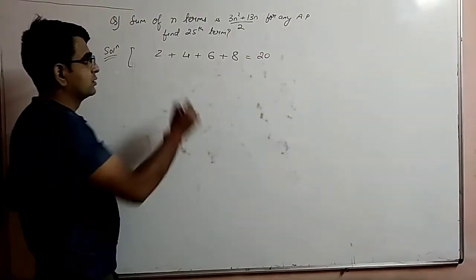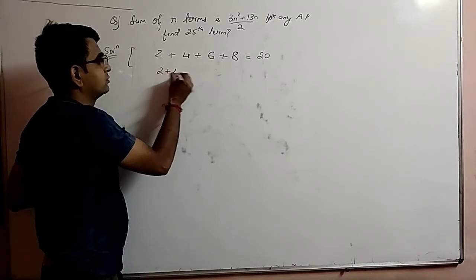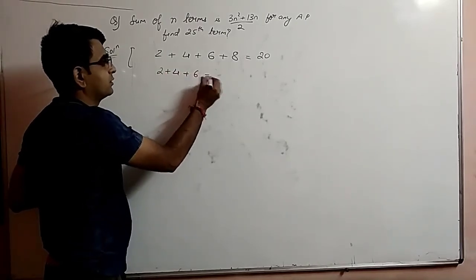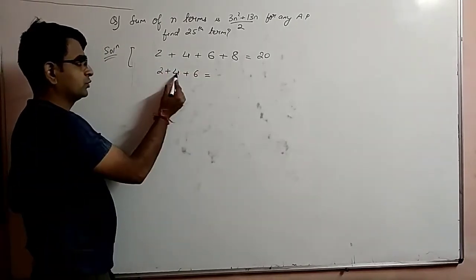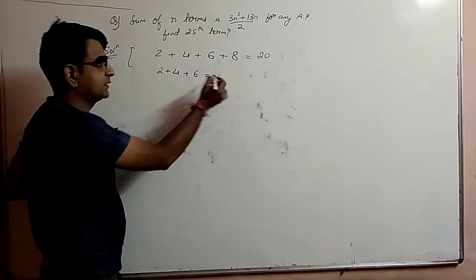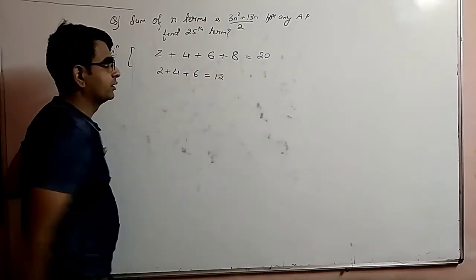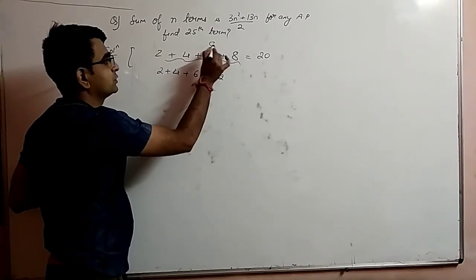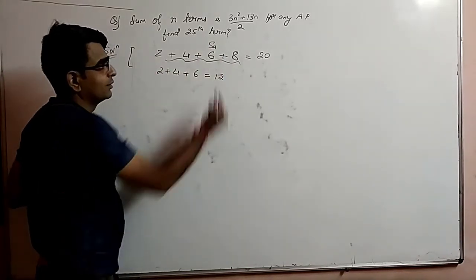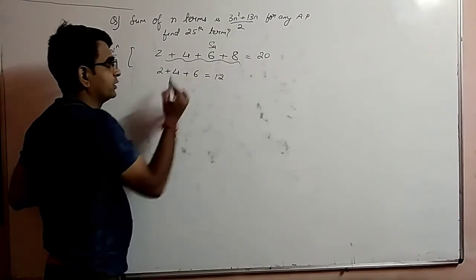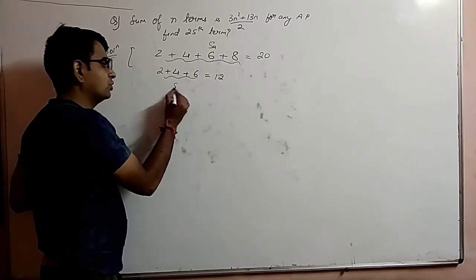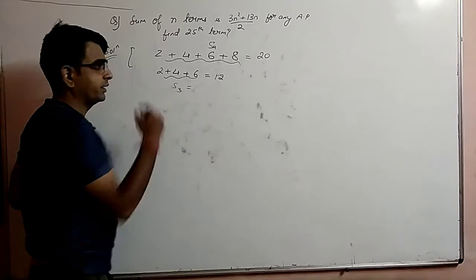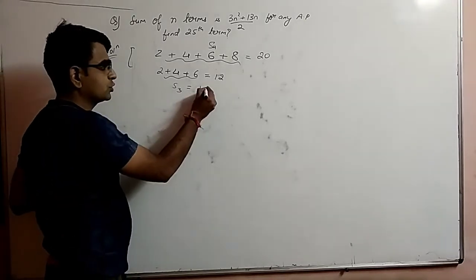Fine. And now just add 3 terms: 2 plus 4 is 6, 6 plus 6 is 12. Now see, here I have 4 terms, so I am writing S4. S4 is 20. Here 3 terms of the same series I am writing S3, which is 12.